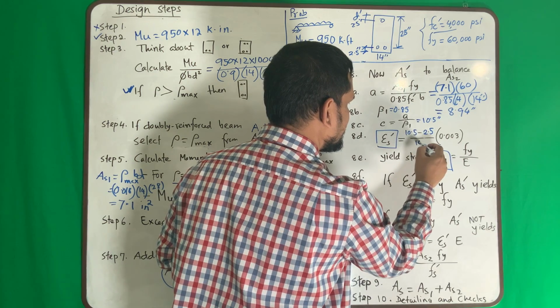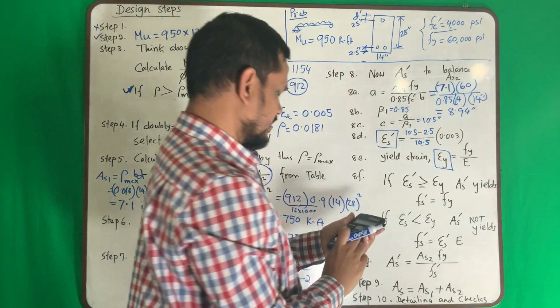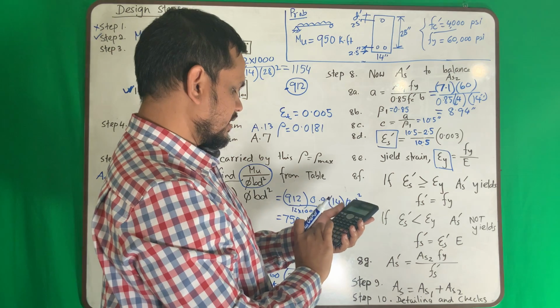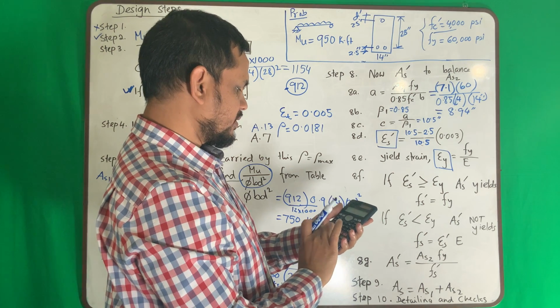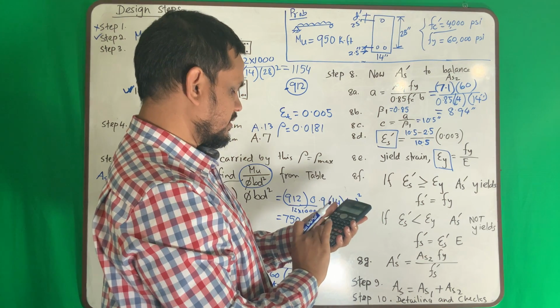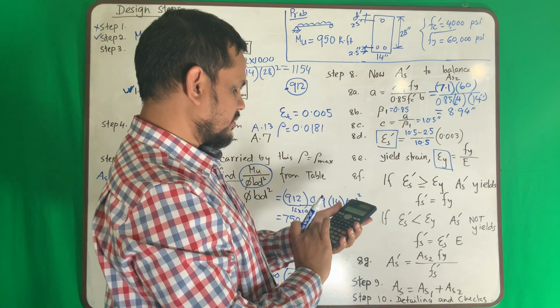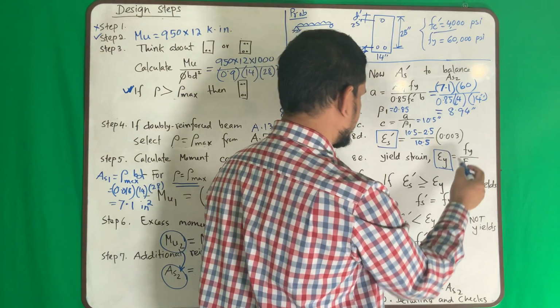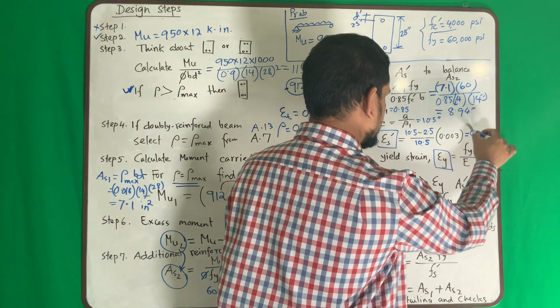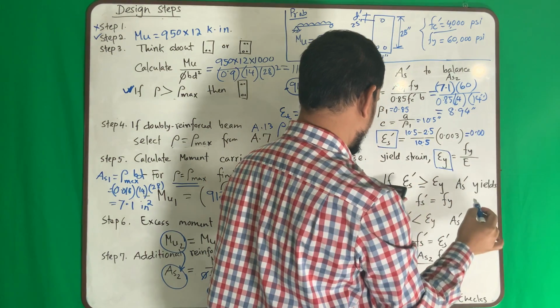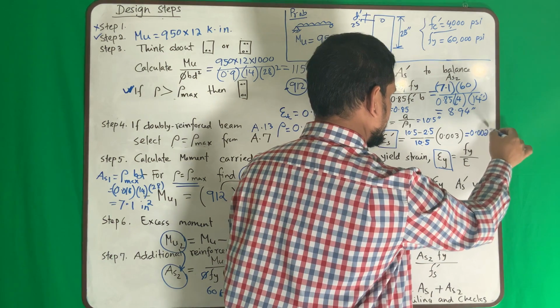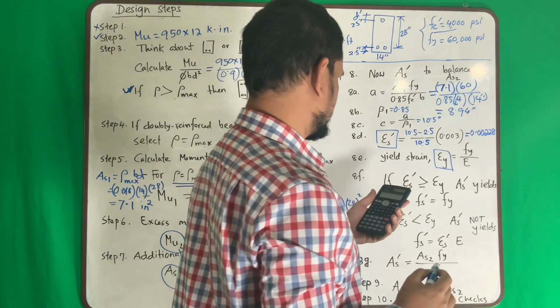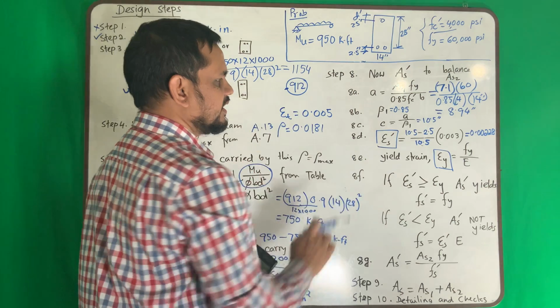Then what is my strain? 10.5 minus 2.5 divided by 10.5 times 0.003. I got 0.00228.